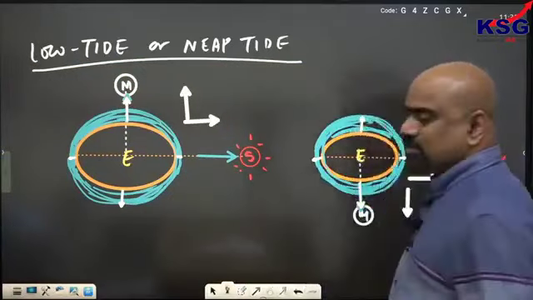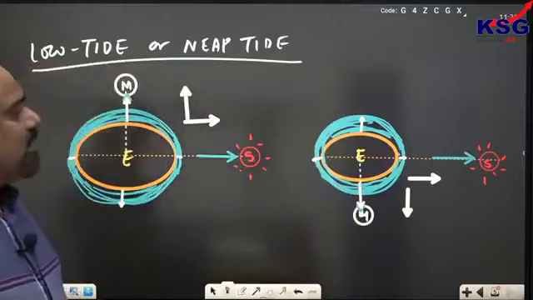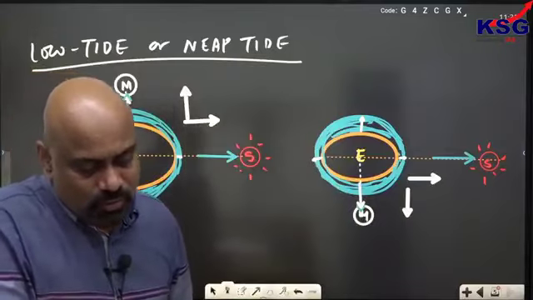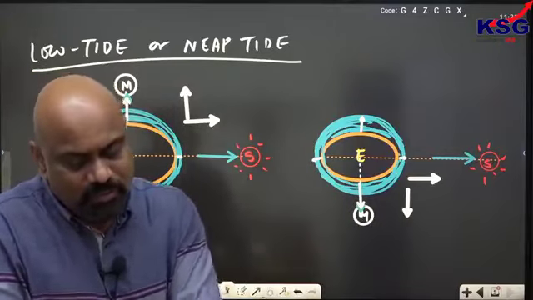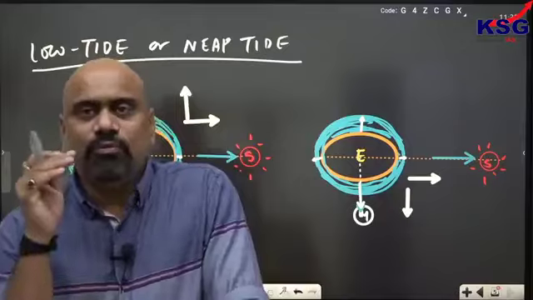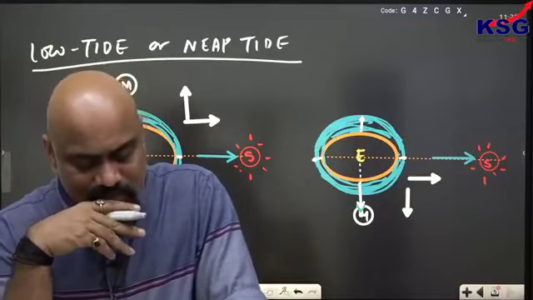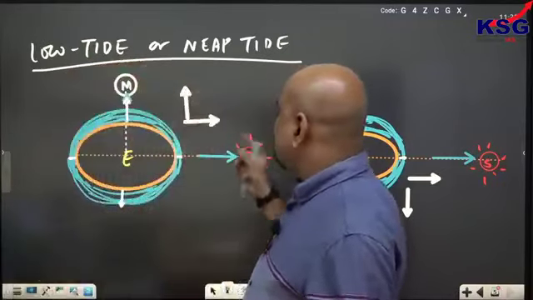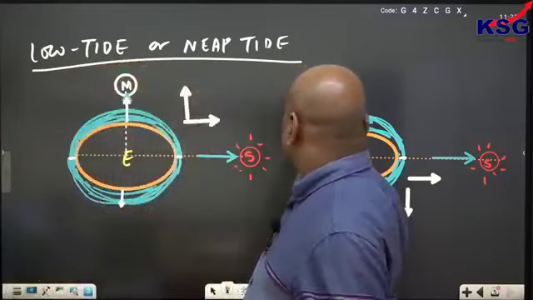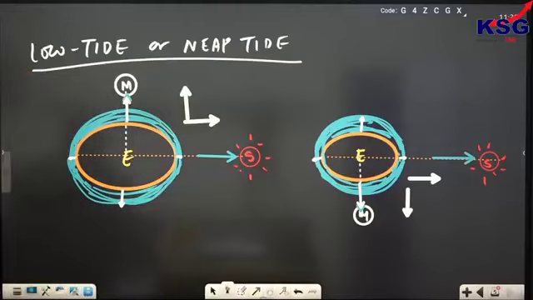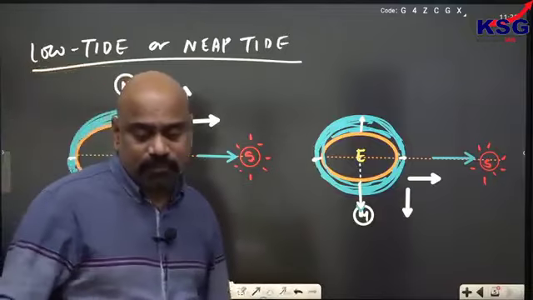So anyway, low tide is known as the neap tide. Neap tide occurs whenever the sun and the moon make a right angle, at the first and the last quarter of the moon. This is the position of the first quarter and the last quarter; during this particular phase you have neap tide. Okay, in phases of the moon you must have seen first quarter and last quarter, there are 4 quarters. At the first and the last quarter of the moon you have neap tide, that's why.